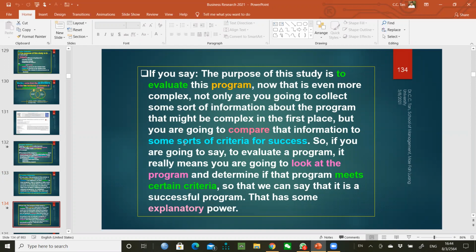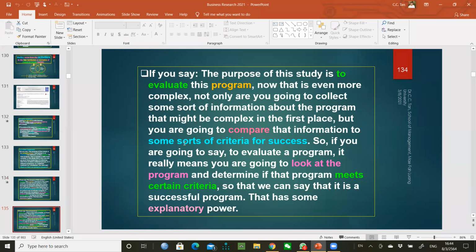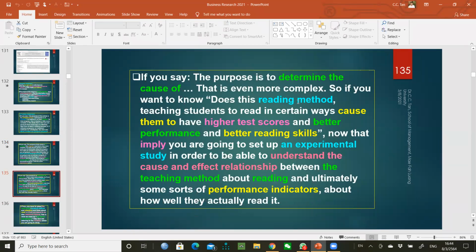So again, depending on your research problem, the complexities and the data involved, the methodology you're going to use, and the criteria you're going to use, the literature review efforts will also be extensively different. If you say the purpose is to determine the cost of, that is even more complex.